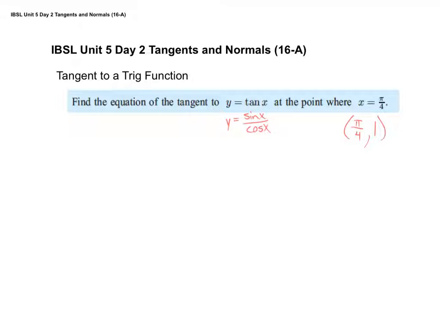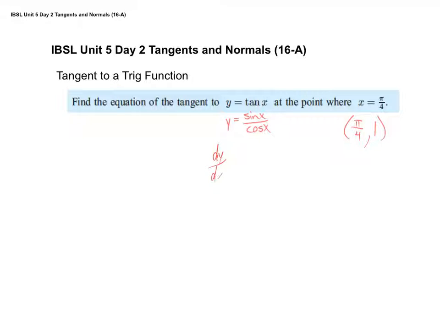Now, to get the slope of our tangent line, we need the derivative. Does anyone happen to recall what the derivative of tangent is? Secant squared. Good memory. If you don't remember, that's okay, because you guys know the quotient rule, right?